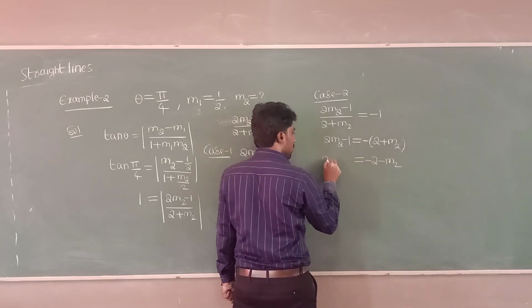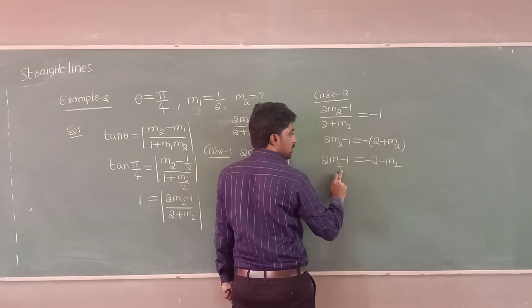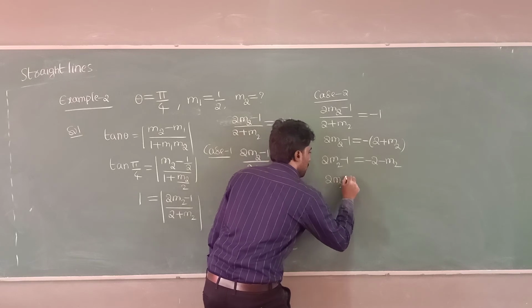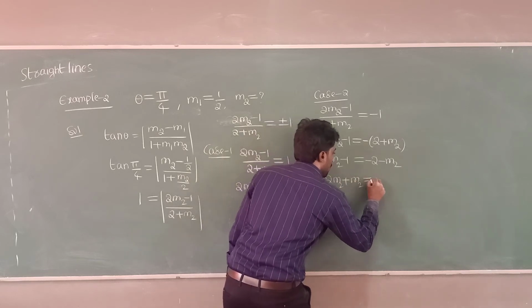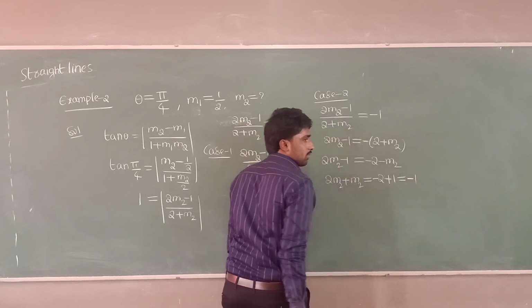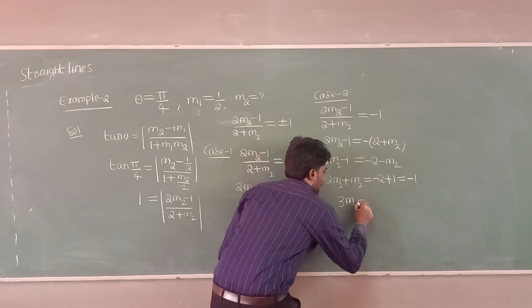Shift minus m2 to this side and minus 1 to that side: 2m2 plus m2 equals minus 2 plus 1, so 3m2 equals minus 1.